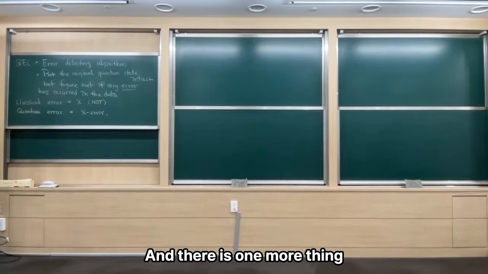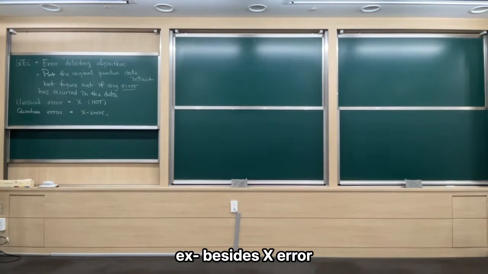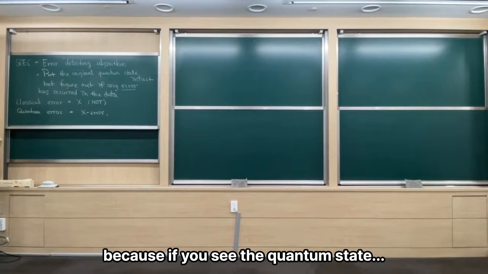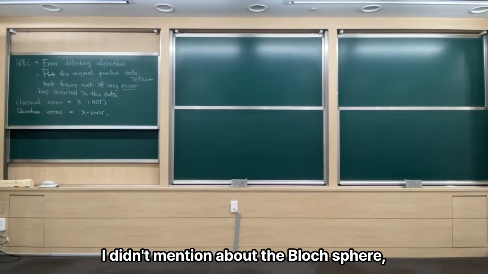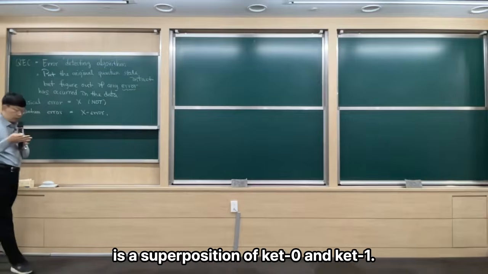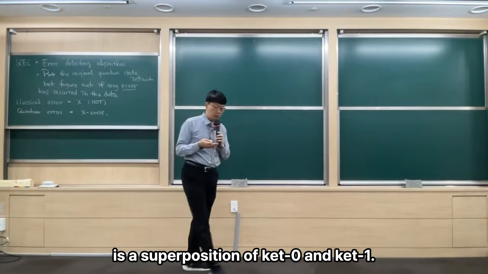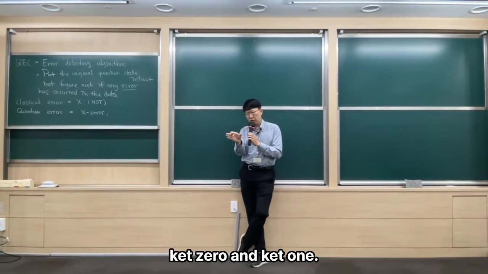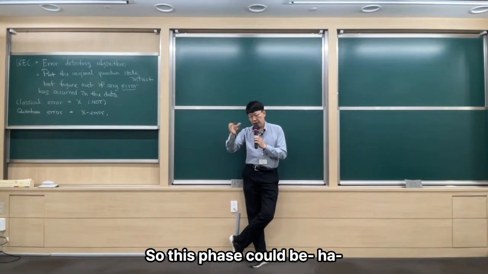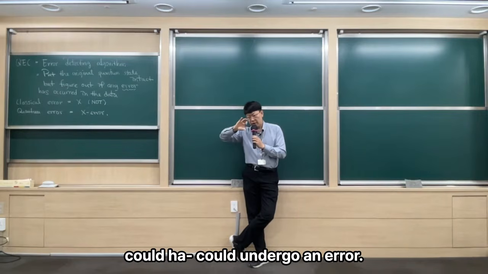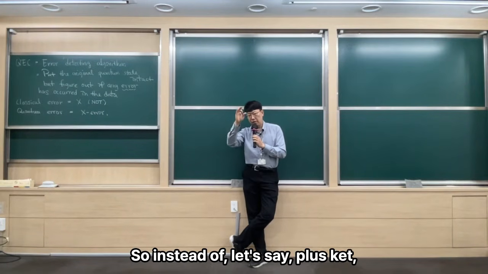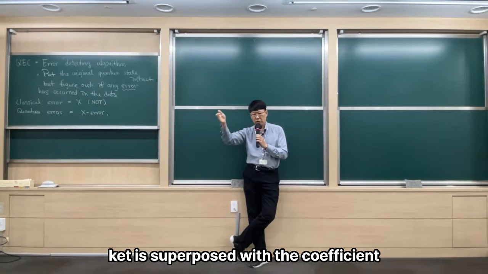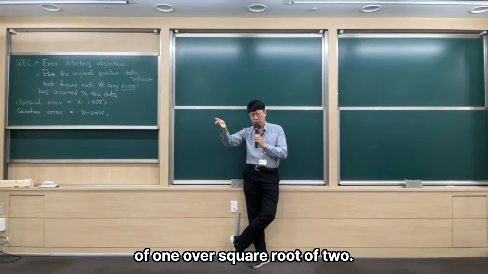And there is one more thing besides the X error, which is called the Z error. I didn't mention the Bloch sphere, but the quantum state is a superposition of ket 0 and ket 1, so there is a phase difference between ket 0 and ket 1. This phase could undergo an error. Let's say ket 0 and ket 1 are superposed with the coefficient 1 over square root of 2.